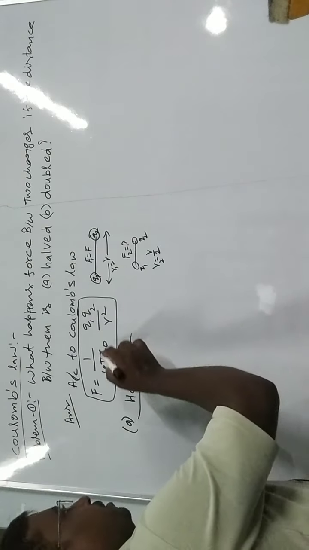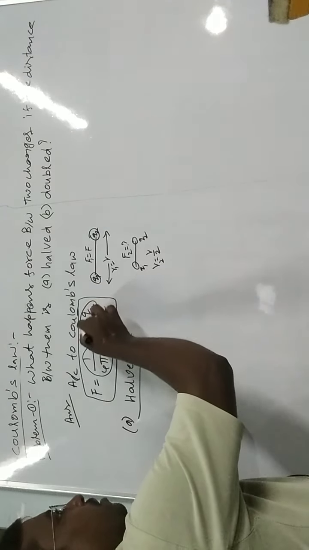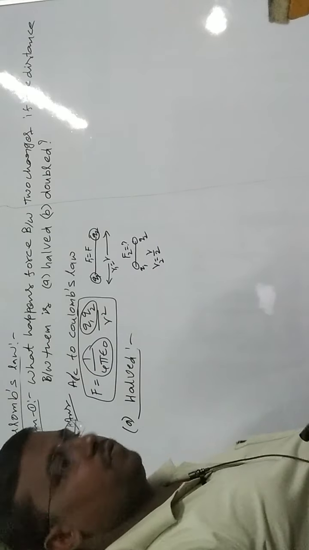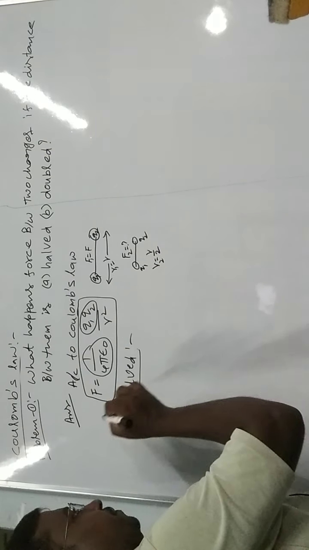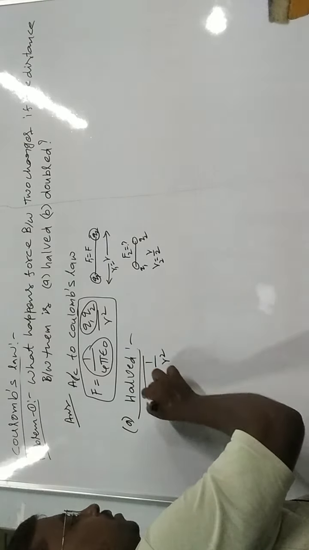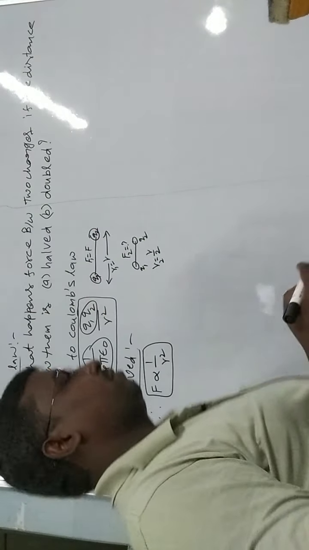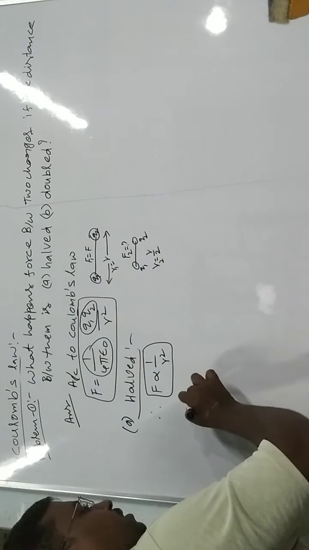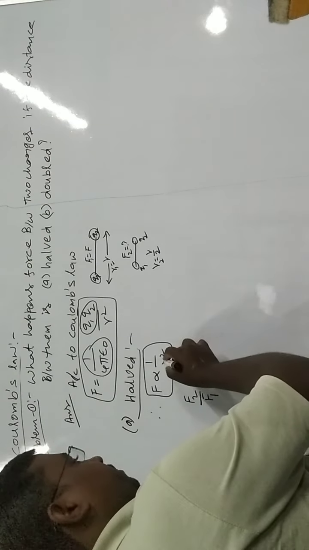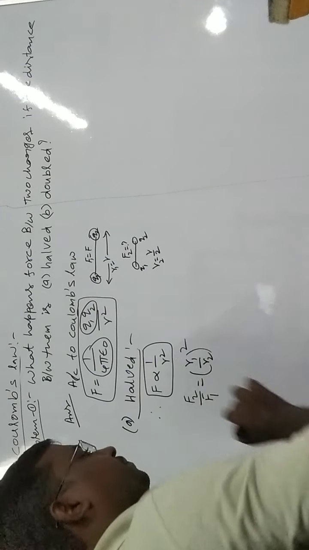These are all constant, 1 by 4 pi epsilon naught and Q1 Q2 are constant, and the remaining F varies with R. So we write F is inversely proportional to 1 by R square. Now we write the forces F2 by F1 equal to R1 by R2 whole square.